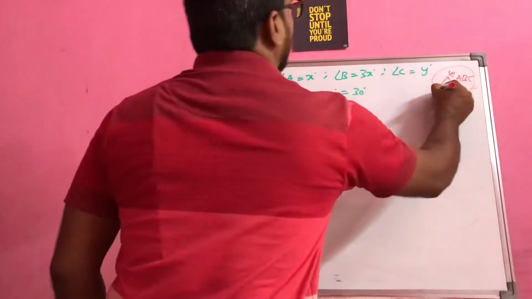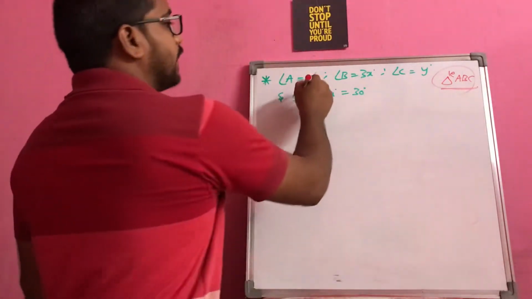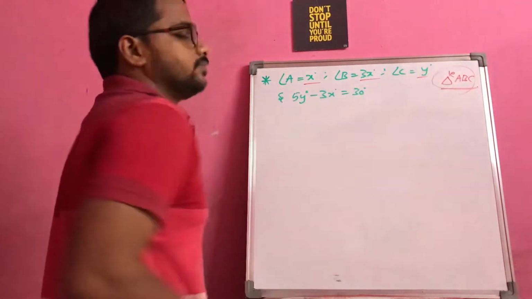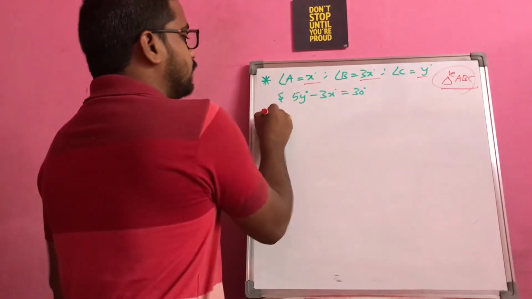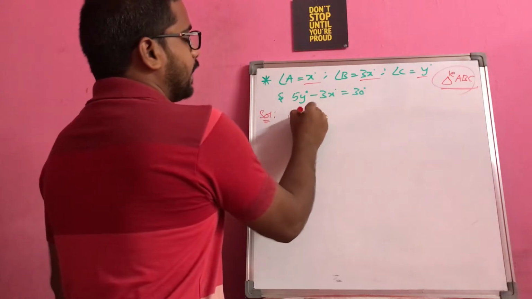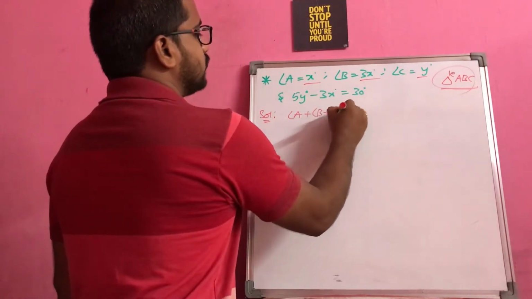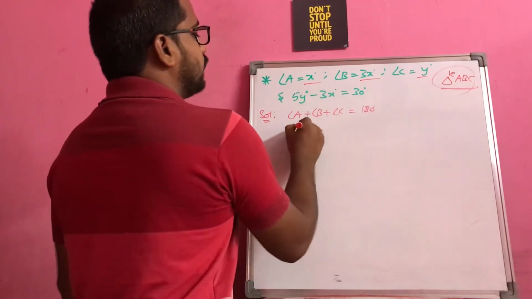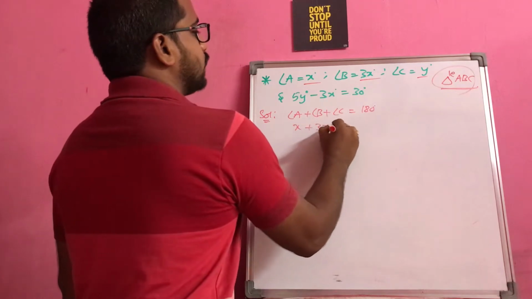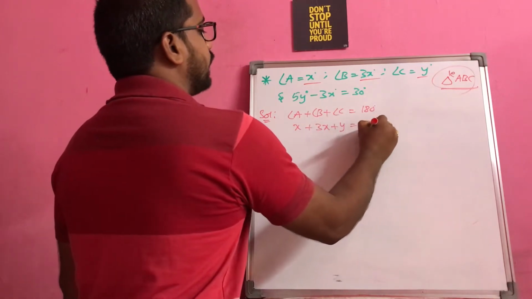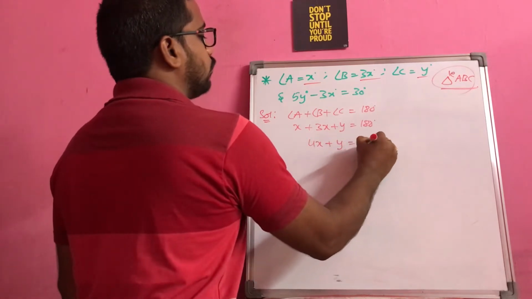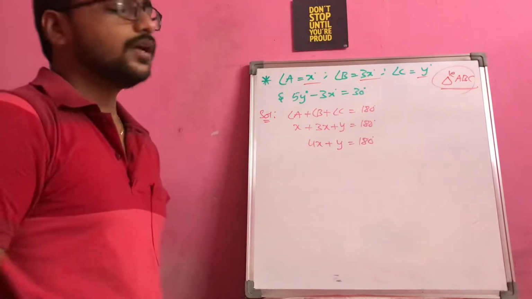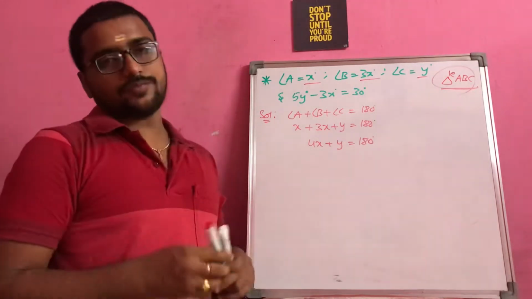When they said it's a triangle ABC and you are given with angles, so you should recall angle sum property. So in a triangle ABC, we know that angle A plus angle B plus angle C is equal to 180. So x plus 3x plus y is equal to 180. We are having 4x plus y is equal to 180. This is the first basic information.